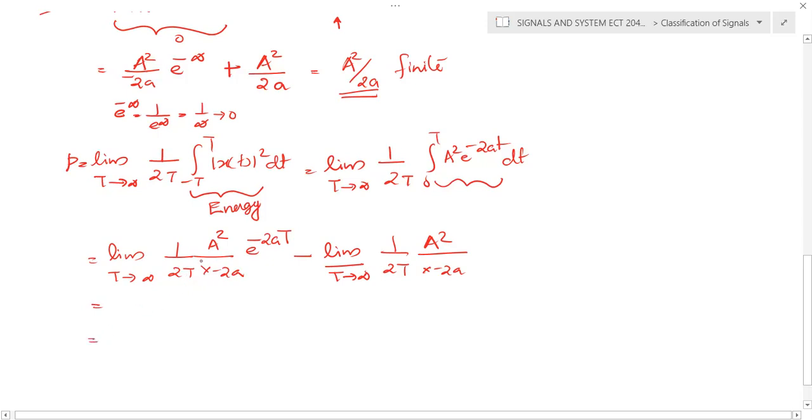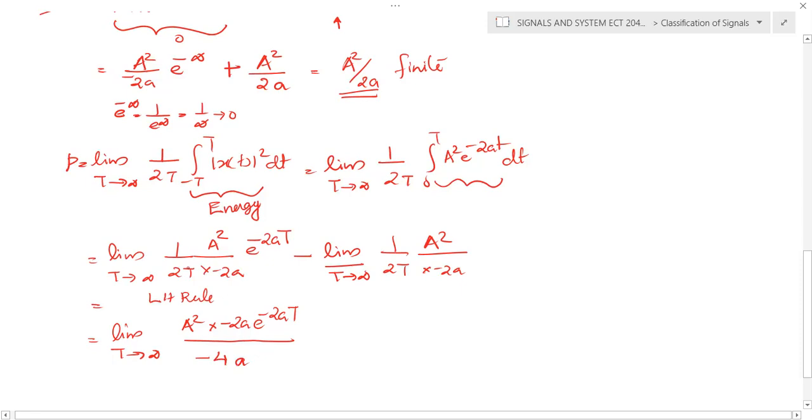If you take the L'Hospital rule here, it becomes limit T tending to infinity, a square into minus 2a into e raised to minus 2at. We apply L'Hospital rule, and the denominator is simply minus 4a.